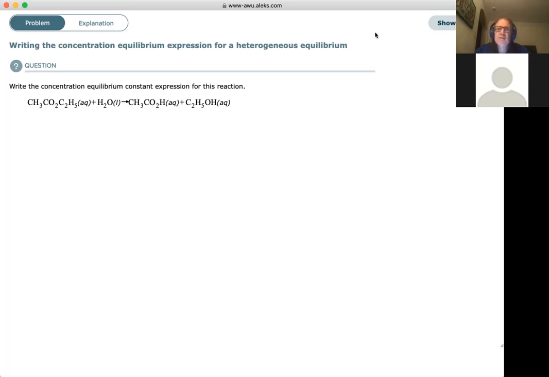That's all we have to do for that one, okay? So remember, if you have a solid or a liquid, you omit them from the equilibrium expression. Okay, so other than that, it's pretty easy. They pick some big molecules here, so you have to write these all out.